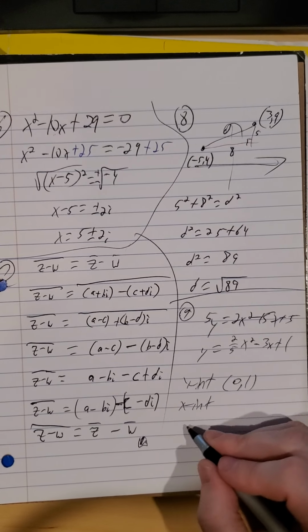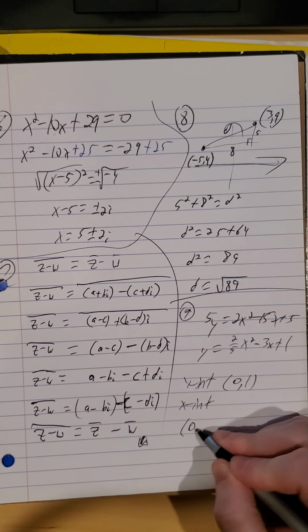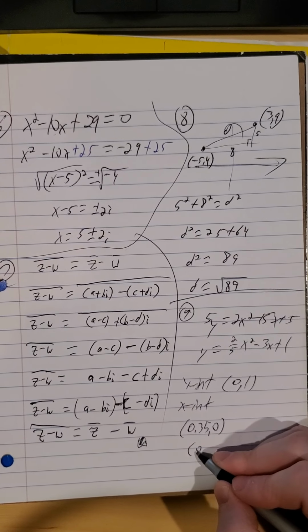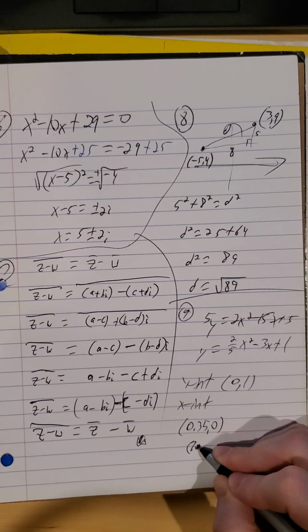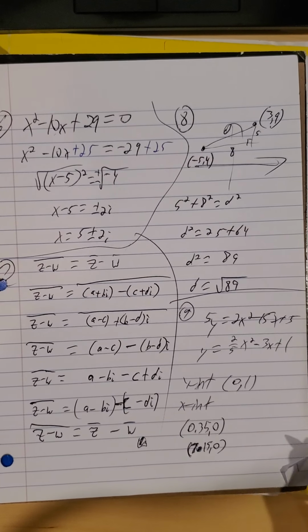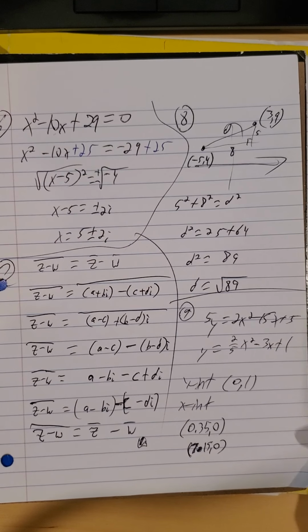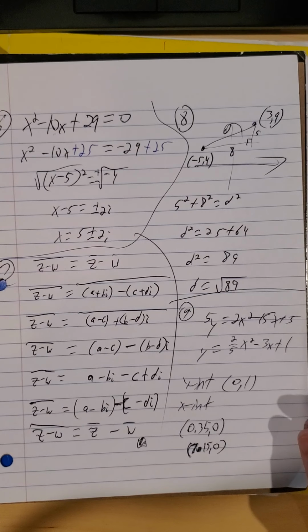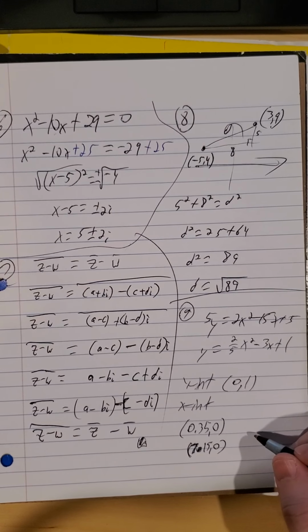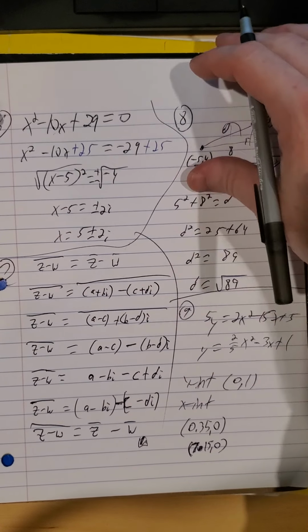X-intercepts approximating from the calculator, they end up at about 0.350 and 7.150. So that was one of the ones where you're doing second and calculate, and you're looking for the zero.